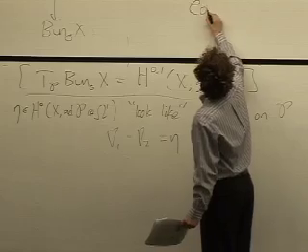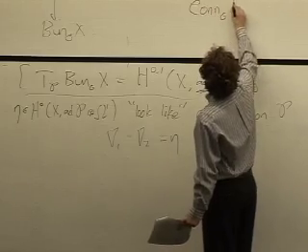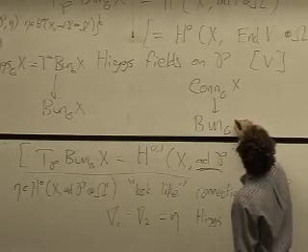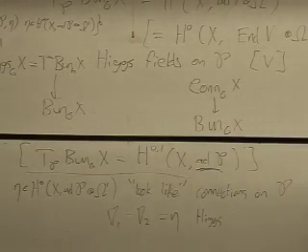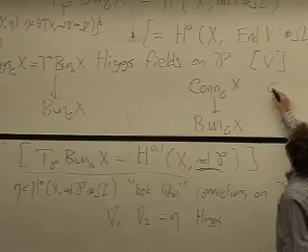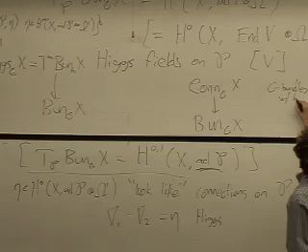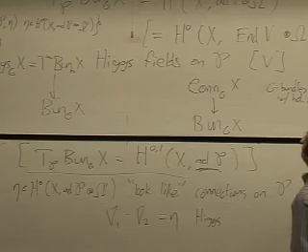We can look at the space, which I'll denote Conn_G of X, which is the space of G bundles with holomorphic connections. These are G bundles, and again, everything I'm talking about is holomorphic, so these are holomorphic connections.